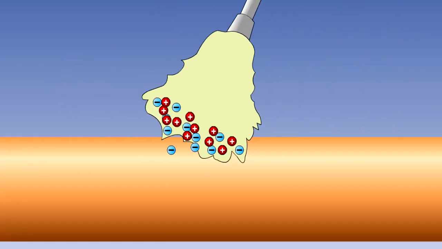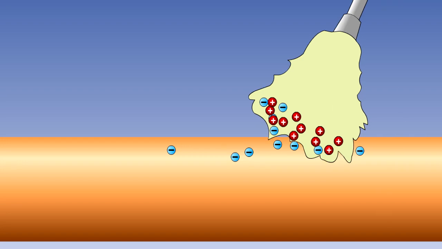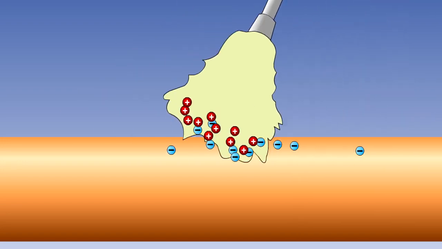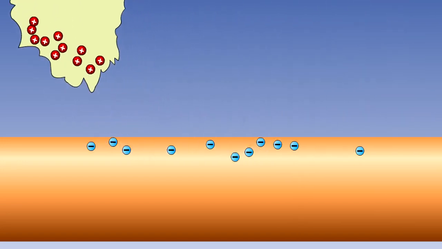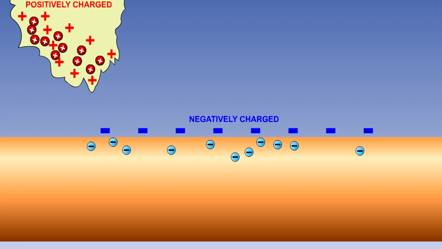When 2 materials rub together, some electrons can be transferred from one material to the other. The result is that one material will have a positive charge and the other a negative. This is known as static electricity.